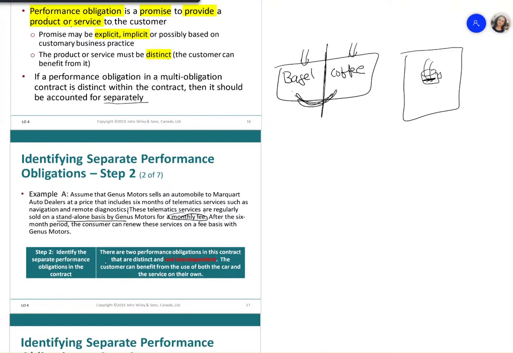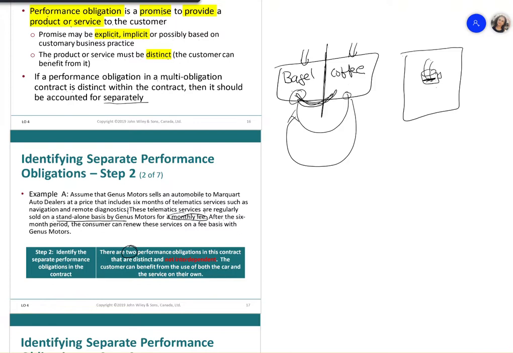So now there are two performances in this case. What are the two performances? The first one is free, and the second one they have to pay for after 6 months. They are distinct and not interdependent. They don't have to do one or the other. Just like if you get a bagel, it's not necessary to get a coffee, and if you have a coffee, it's not necessary to get a bagel.